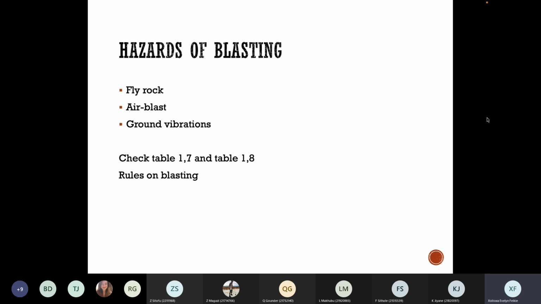Fly rock, we said, are the rocks that will be flying around because of the explosives. When the actual explosion happens, the air blast is the air that will be produced. If you don't understand in what way, look at it like this: let's say you're at the beach, and the air is strong enough to move fragments.